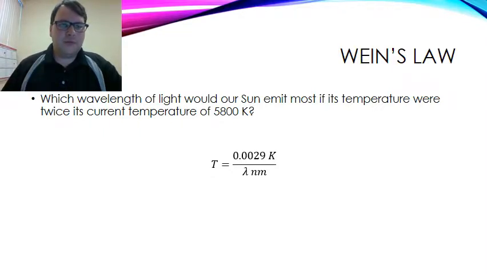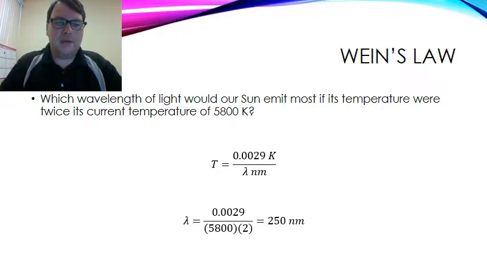So if we rearrange this problem so that we get wavelength equal to a relationship with temperature, and put our Sun's temperature of 5,800 Kelvin into this problem, and we double it because the problem is saying twice its current temperature, what we find is that our peak wavelength for our Sun is 250 nanometers.